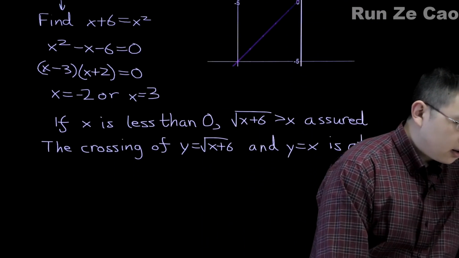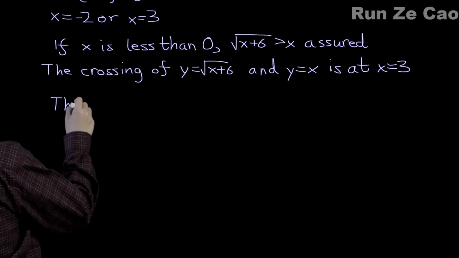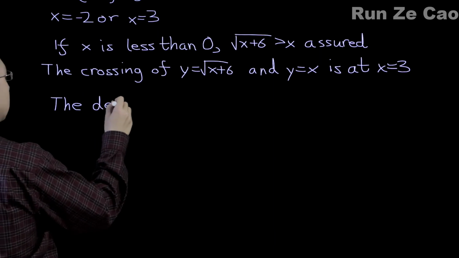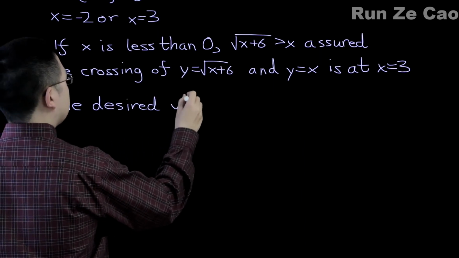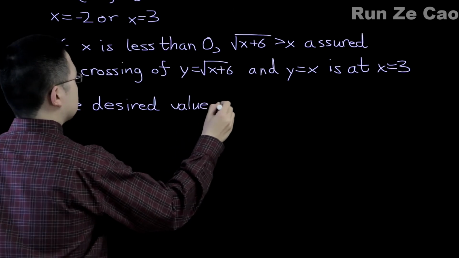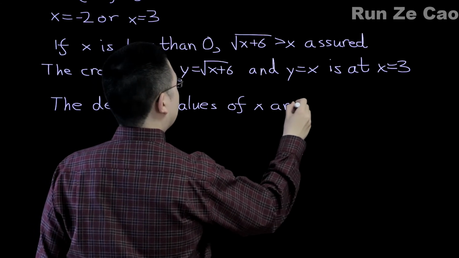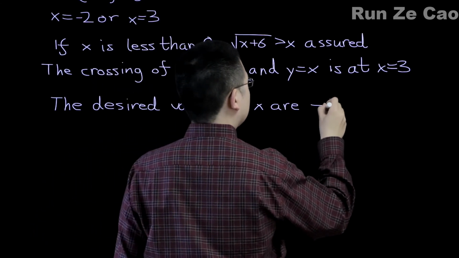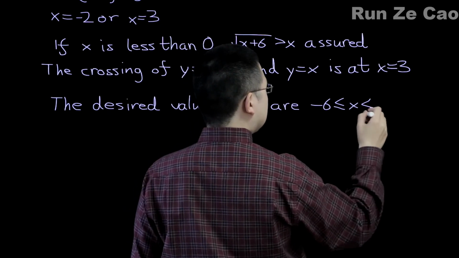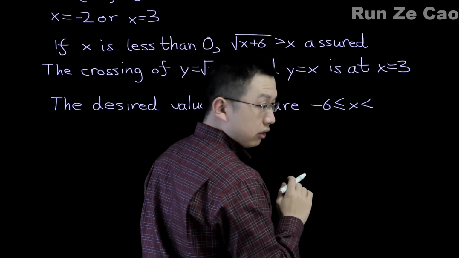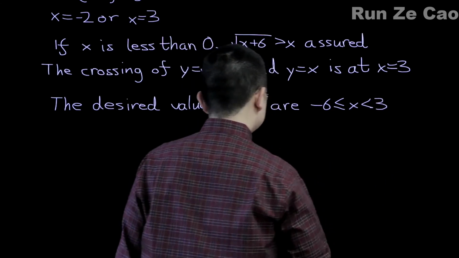So the desired values of x are negative 6 less than or equal to x and strictly less, not less than or equal to, strictly less than 3.